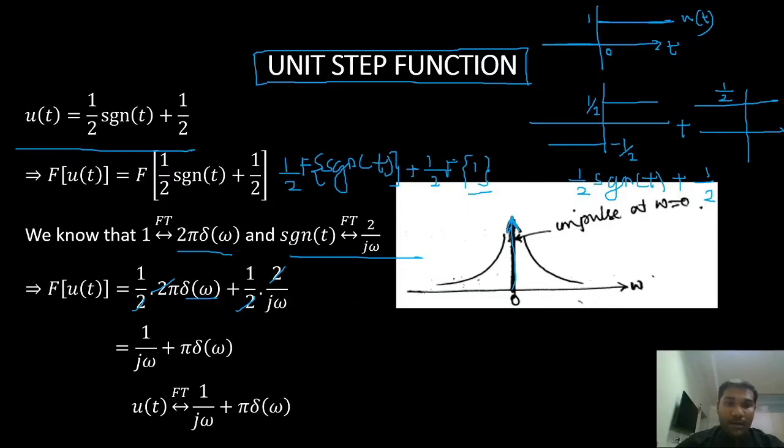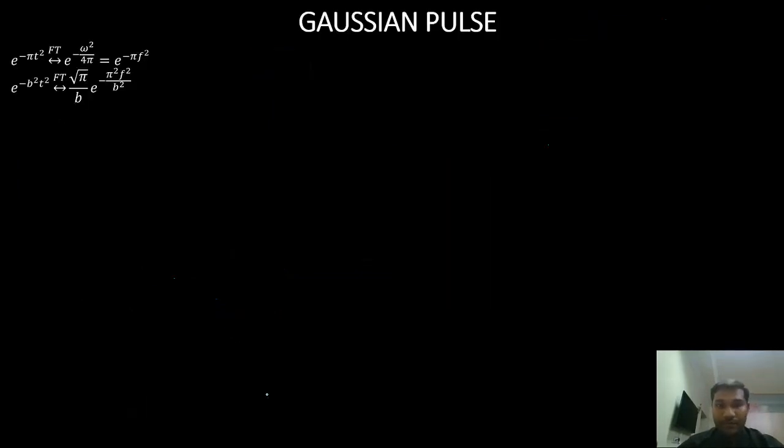And then 1 by j omega: as omega increases, the Fourier transform amplitude decreases since omega is in the denominator. So that is how the amplitude characteristics for the unit step function is drawn.